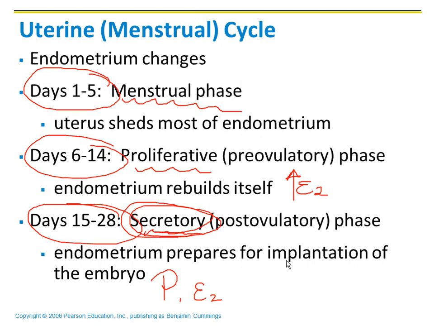One of the reasons that's called the secretory phase is the endometrium starts secreting things like glycogen. Glycogen is chains of glucose. It's a storage form of glucose, which is a food molecule, a nutrient molecule. So the endometrium is getting ready for implantation of an embryo by making sure there's a carbohydrate source for the embryo to use.